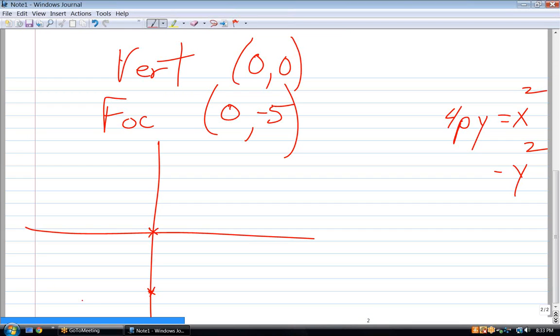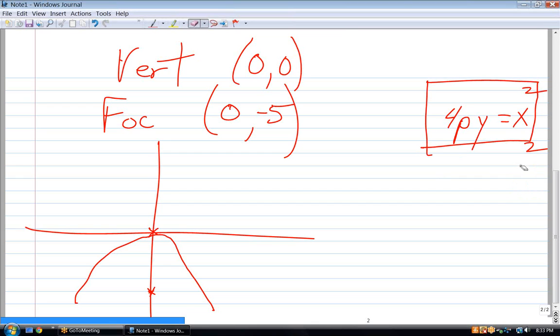Up or down? Down. So that's what we're looking at. So we're going to use this as our general equation. P is what? -5. So what's our equation? -20y equals x squared. Yep.